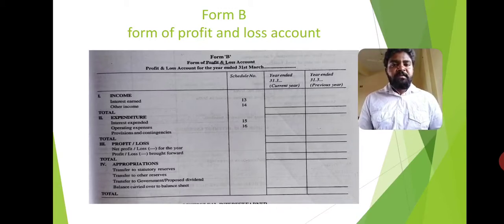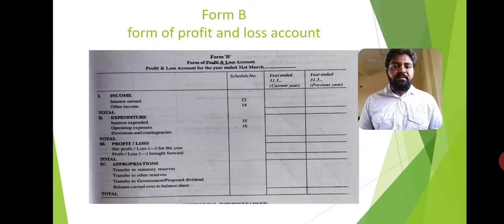And last, provisions and contingencies. If any provisions and contingencies are given in the problem, we need to show them separately; for that there is no schedule number. After considering these, we will get the total amount.